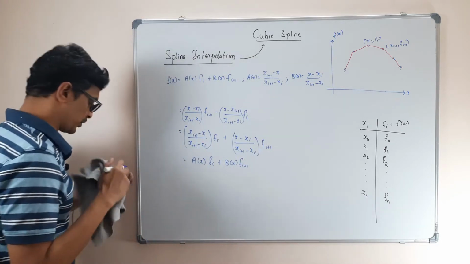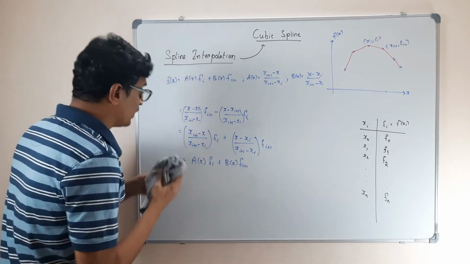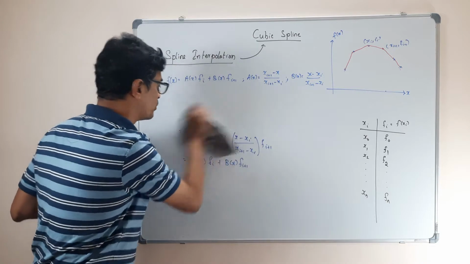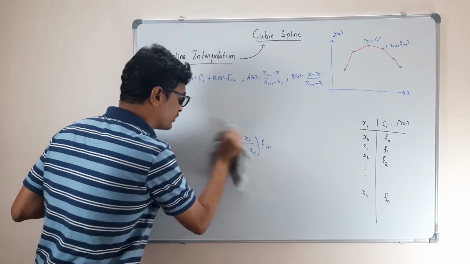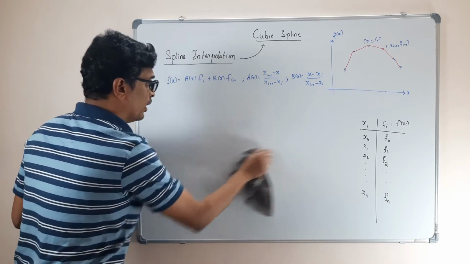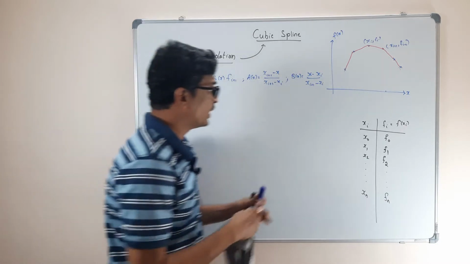So what we did is we just connected all these points by a simple straight line. That's a linear function.